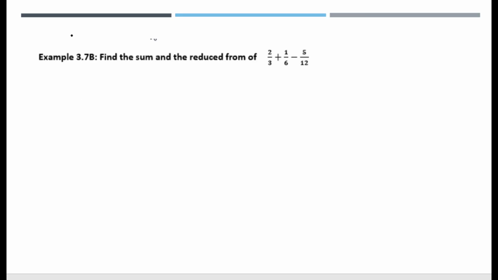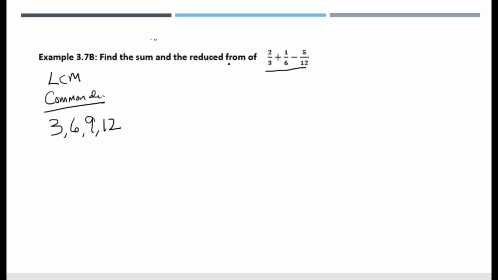So I'm going to add and subtract these numbers here. And I can't do it because these are thirds, these are 6, these are 12. So I have to find a least common multiple, or some of you might know that as a common denominator. So I noticed the multiples of 3: 3 times 1, 3 times 2, 3 times 3, 3 times 4.